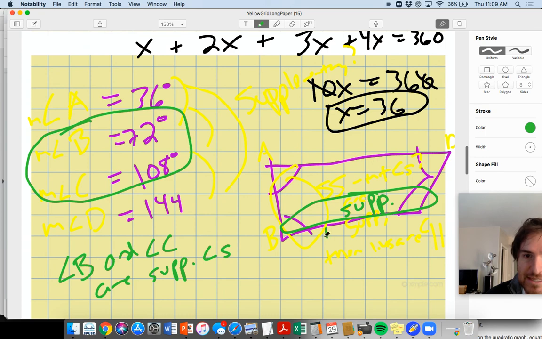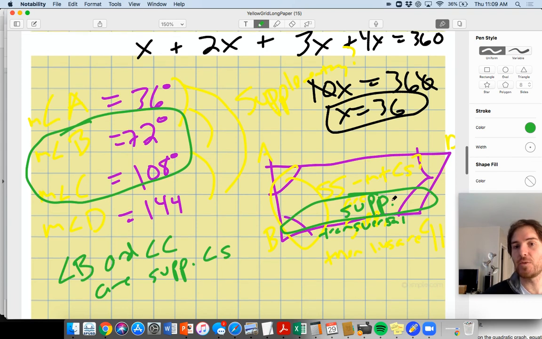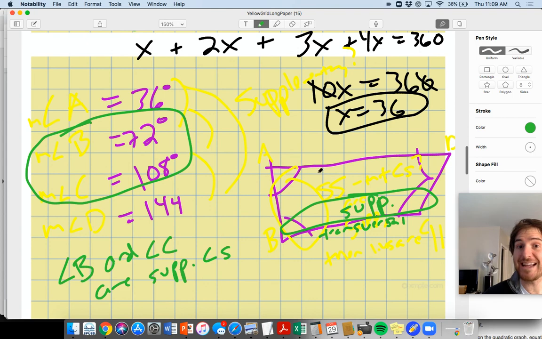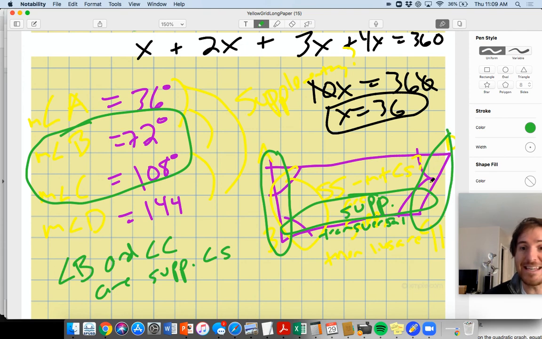They're on the same side. So BC has got to be the transversal because these two angles are on the same side of the transversal here, okay? What are the two lines that got cut? Again, this is a generic diagram, so it doesn't look like they're parallel, but these two lines must be parallel to one another because the same side interior angles are supplementary according to the numbers.